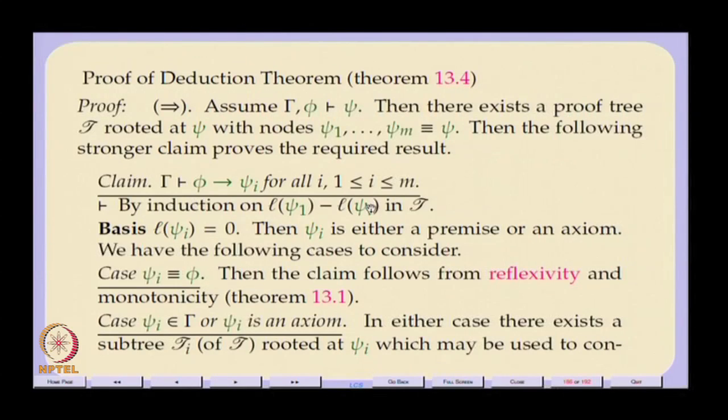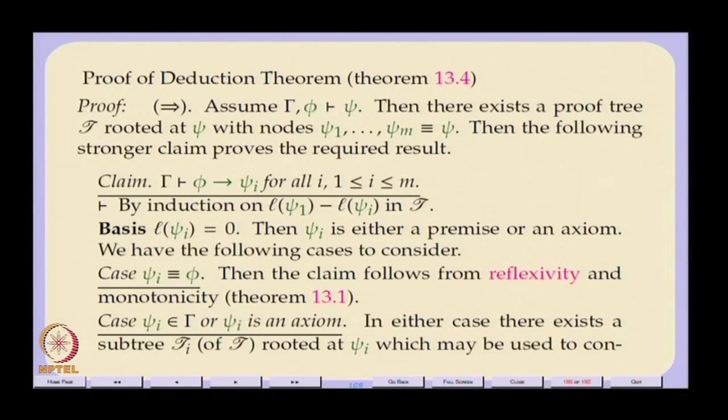If I had turned the tree the right way up, it would have been an induction on the level of psi I. I am sorry, this should have been level of psi 1 minus level of psi I equals 0. That is the basis of the induction.